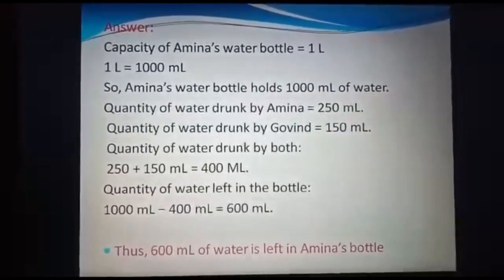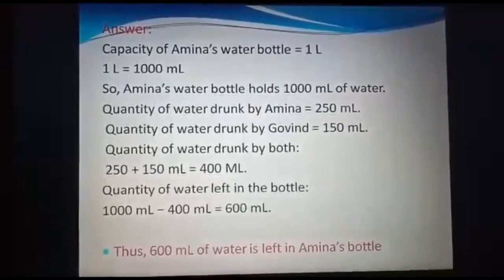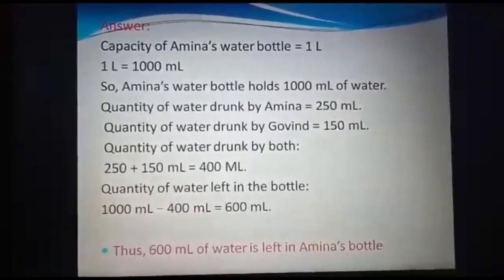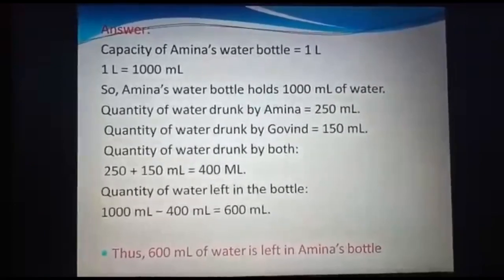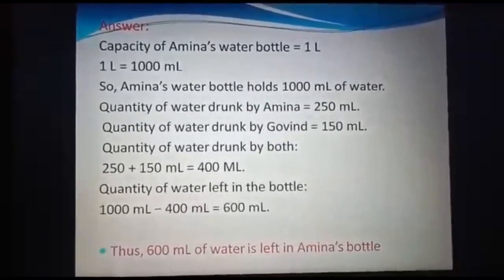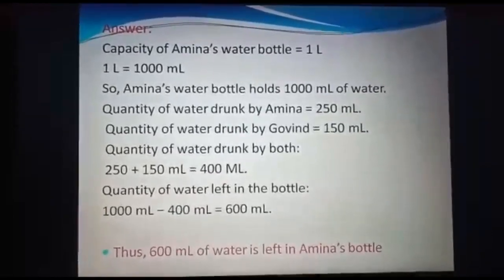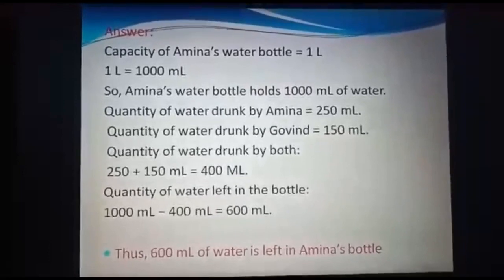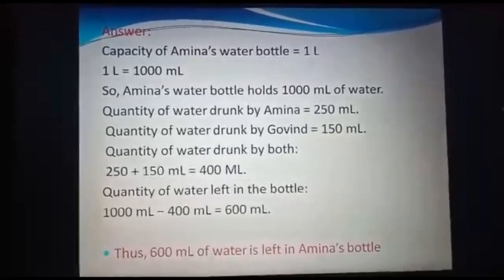Quantity of water drunk by both, 250 plus 150 equals 400 milliliter. Quantity of water left in the bottle, 1000 milliliter minus 400 milliliter equals 600 milliliter. So the answer is 600 milliliter of water is left in Amina's bottle.